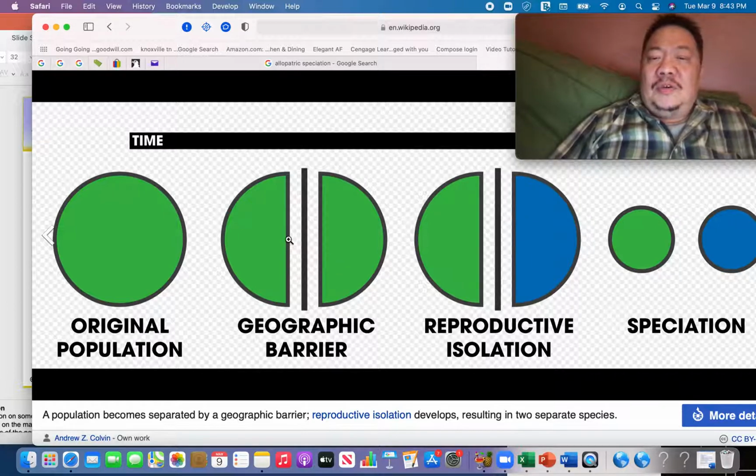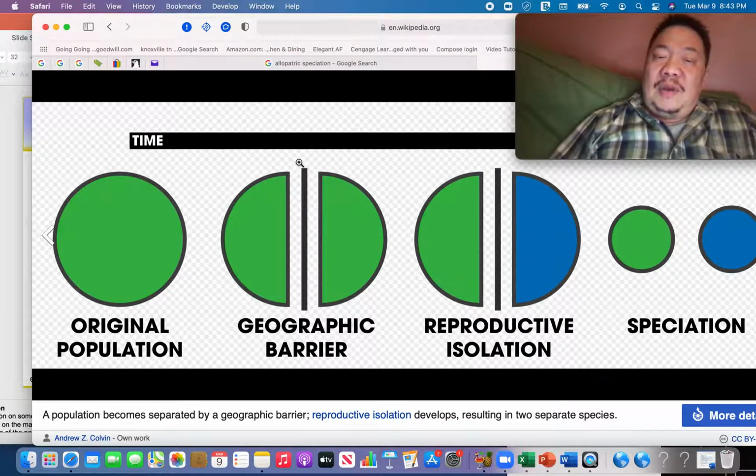So what happens over a long period of time is that the population on this side will evolve to the conditions existing west of this mountain range, and to the east of the mountain range, this population would adapt to a different set of environmental conditions. Therefore, the DNA of these populations become more and more different until finally they become separate species. That's one way you can form new species.